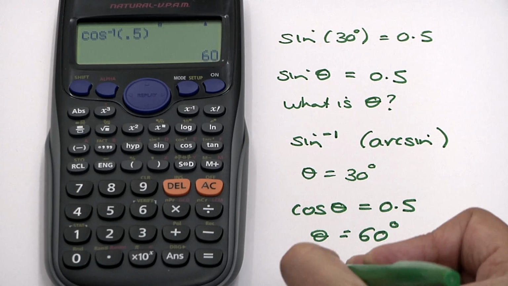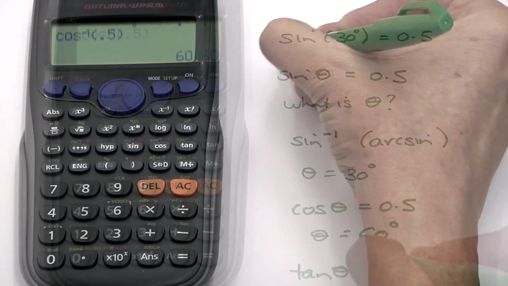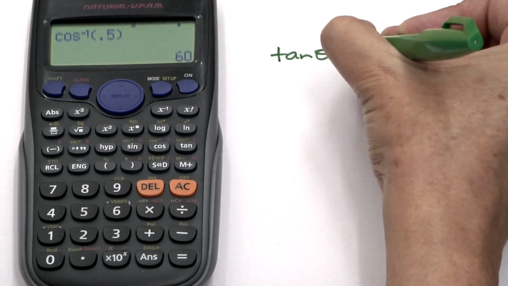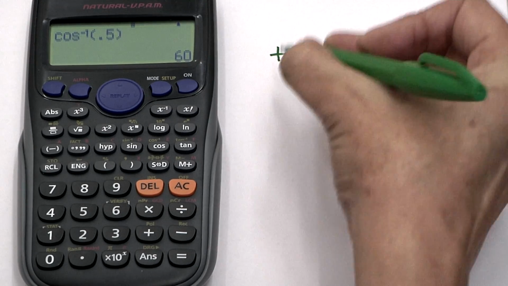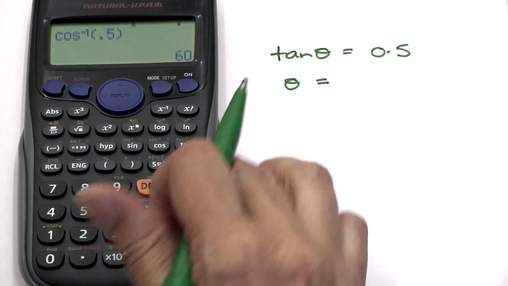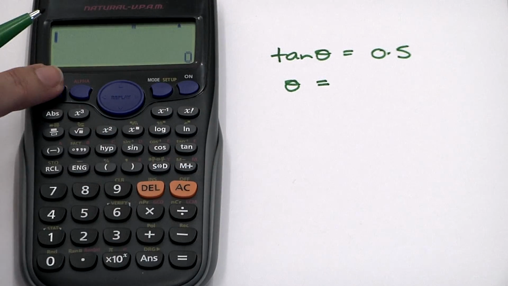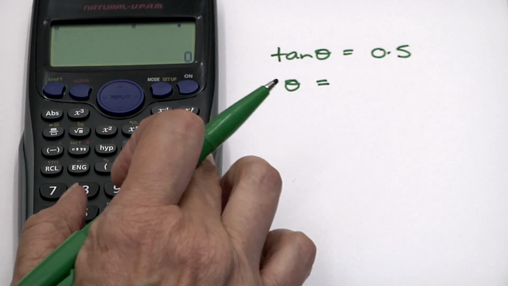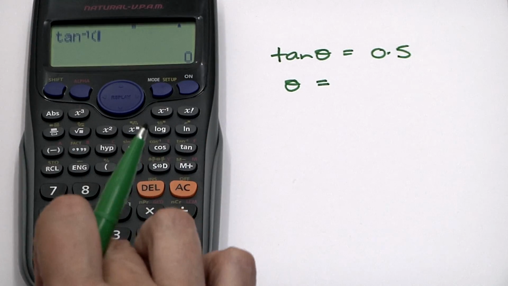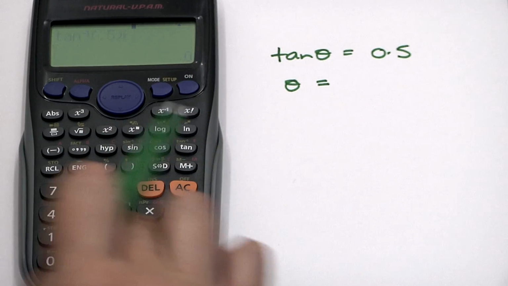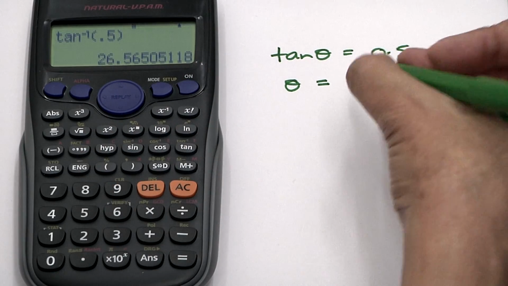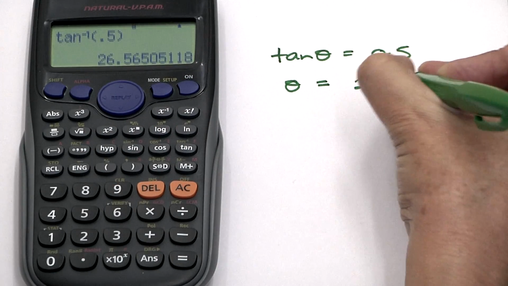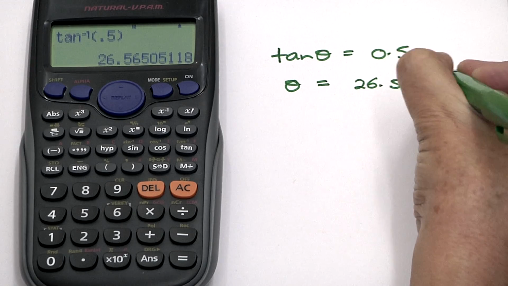What about tan theta? Tan theta is equal to 0.5. Theta will be equal to, so let's try that. We press the shift, and then the tan to the -1. Can you see the tan to the -1? Or arc tan, 0.5. And we get 26.565 degrees.